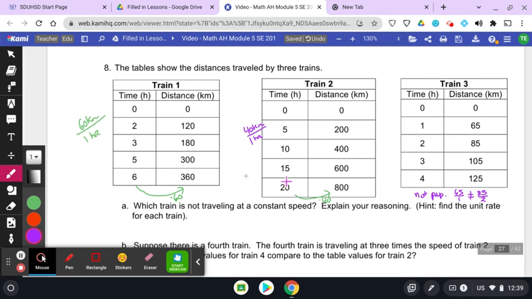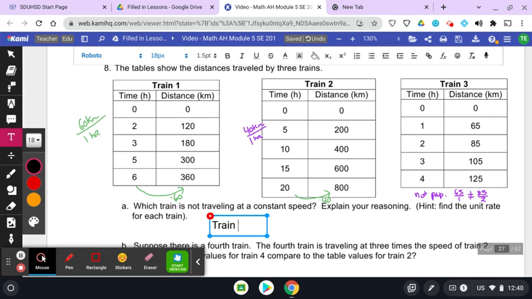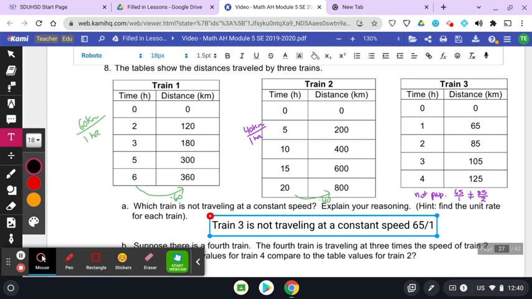So which train is not traveling at constant speed? That would be train 3.